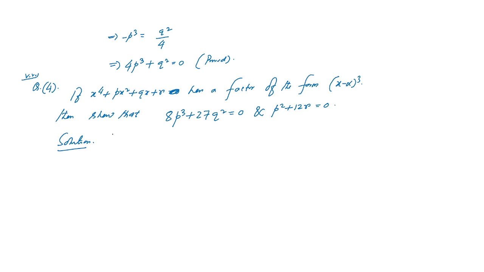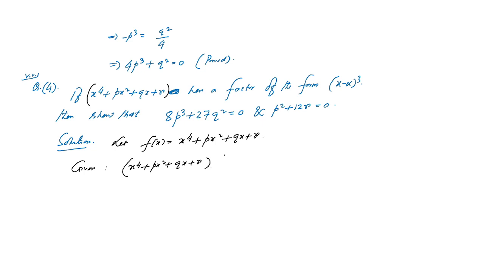As in the previous problem, here we will also take f(x). f(x) is the polynomial of degree 4, x to the power 4 plus px square plus qx plus r. Given that this polynomial has a factor of the form (x minus alpha) whole cube.